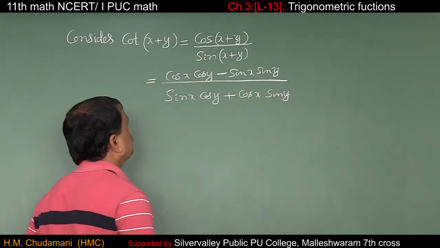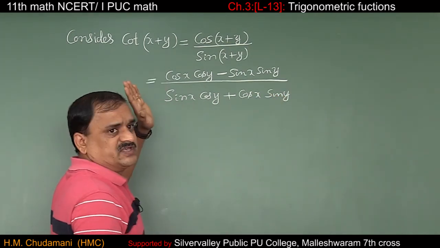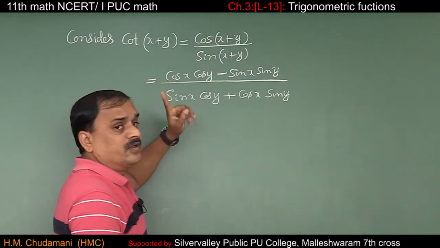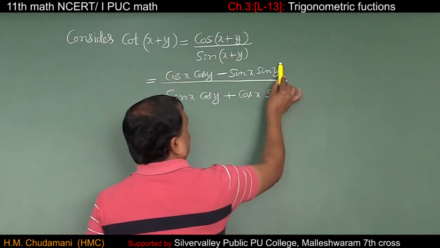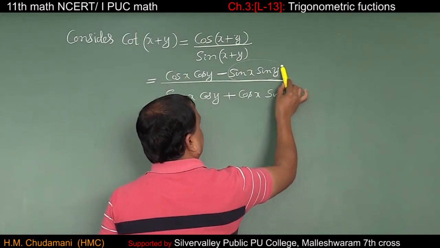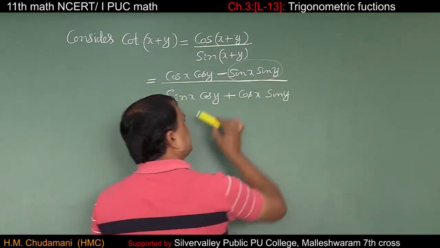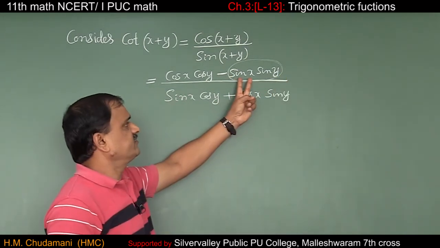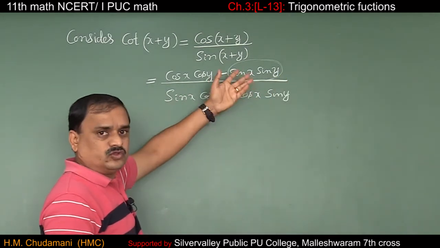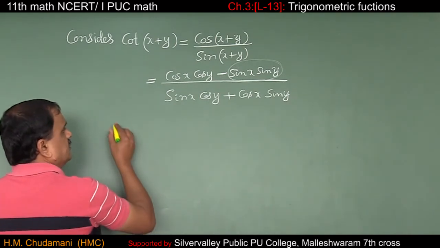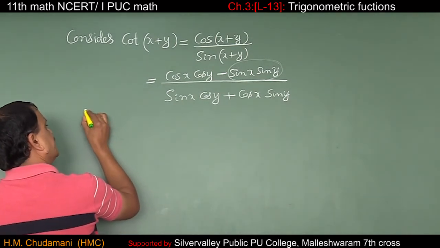What you are supposed to prove? Cot of x plus y equals cot x cot y minus 1, minus 1 we should get. Here minus 1 means I need to eliminate this. So divide both numerator and denominator by sin x sin y.